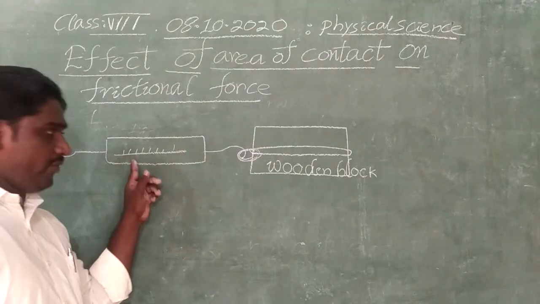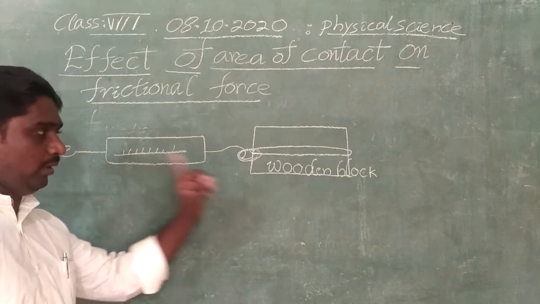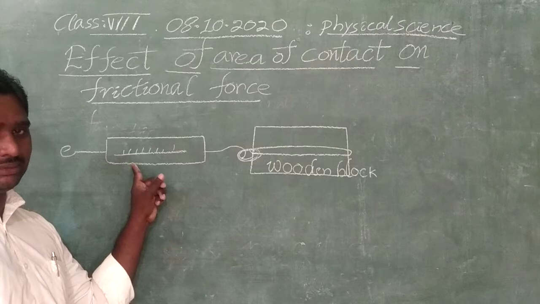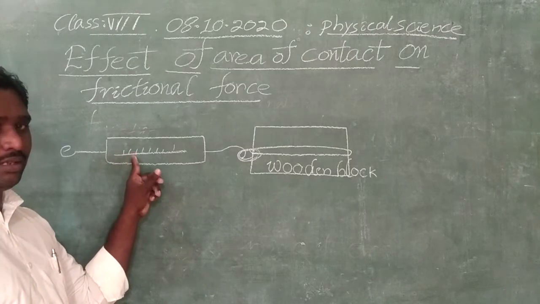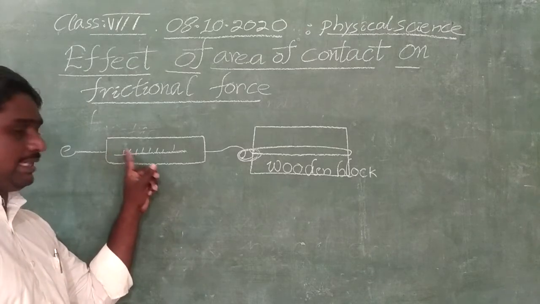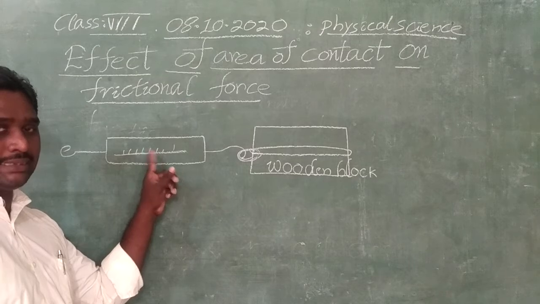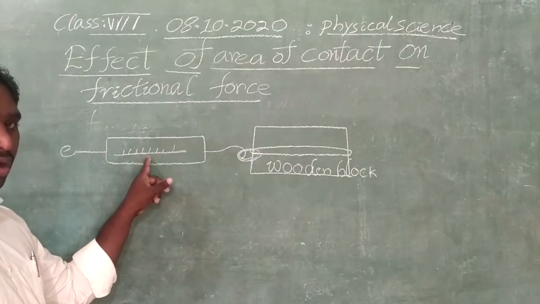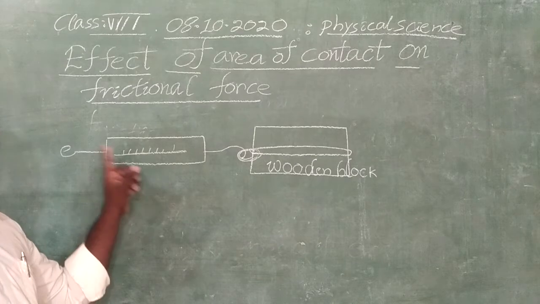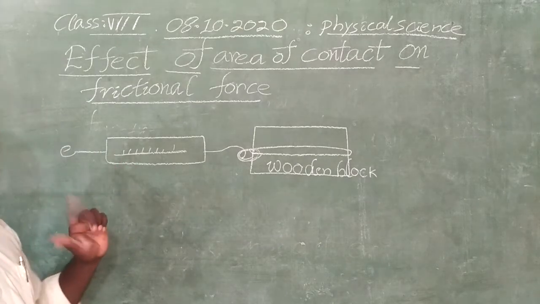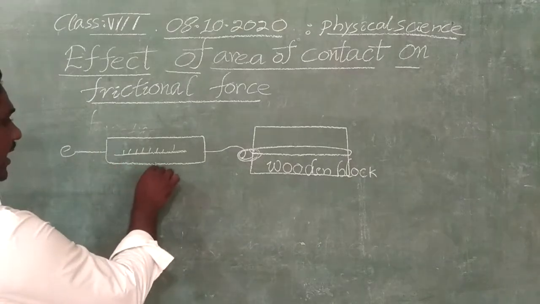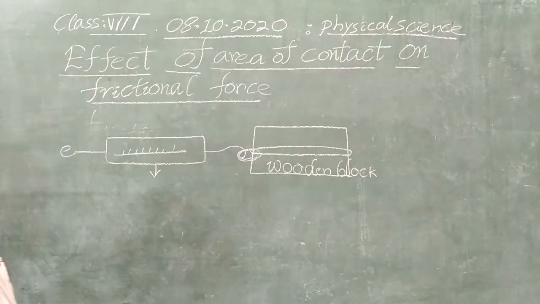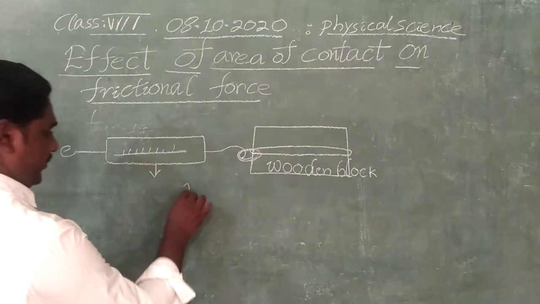When we pull it, we observe that the spring balance is stretching. The scale on the spring balance gives information about the applied force on the wooden block, in newtons.